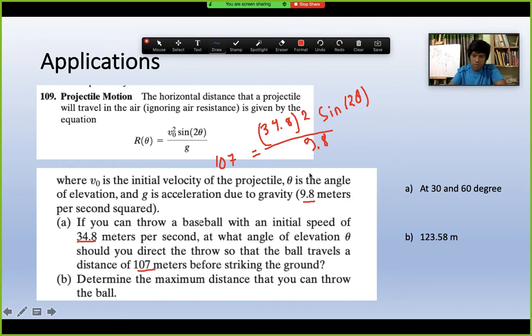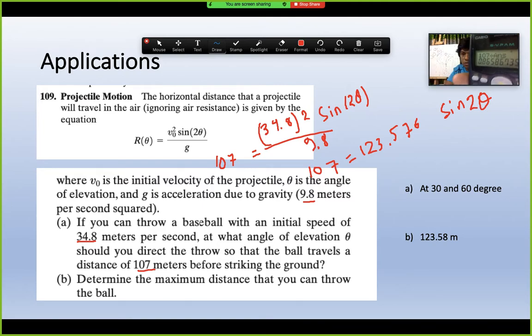This side is 107 equals, after all this calculation, 123.575 with more digits, so let's approximate to 3 digits here. Then sine 2 theta is here. Then this number will go to the other side, so 107 divided by this number.